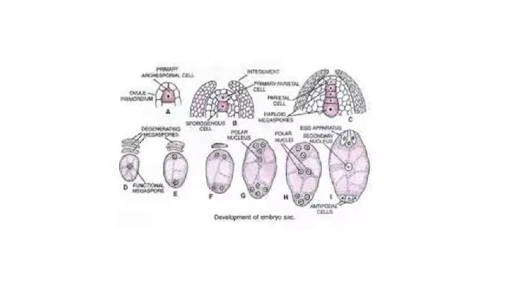Look here, this is the secondary polar nucleus and the remaining three are arranged on each pole. The three nuclei of the chalazal end form antipodal cells and the three nuclei of the micropylar end form the single egg apparatus present in the center, surrounded by the synergids.